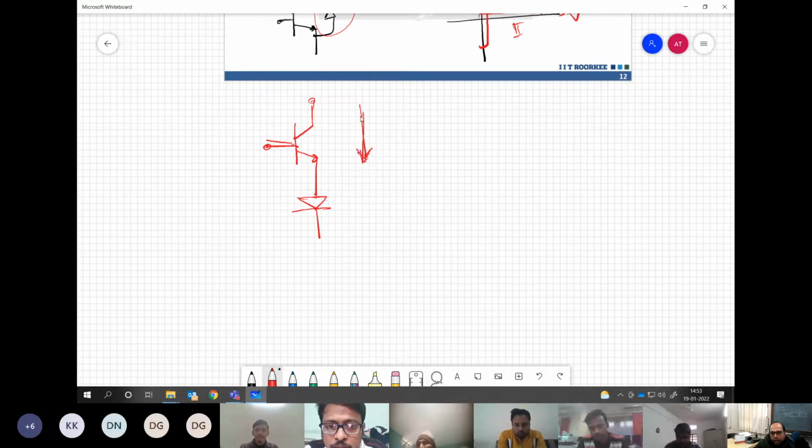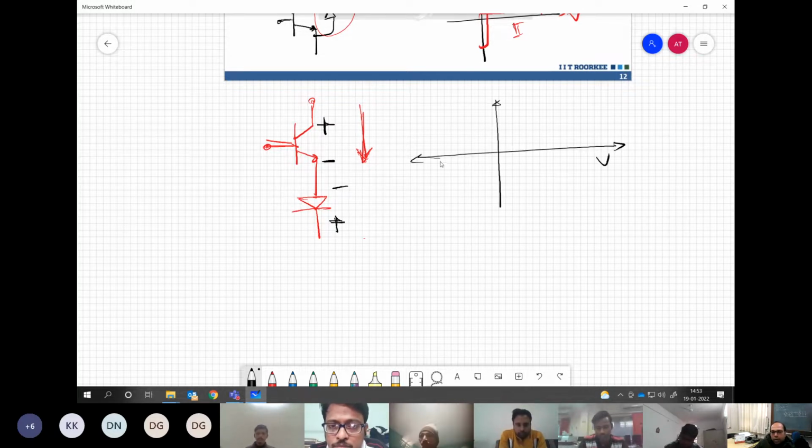Yes, so current still has only one direction to flow. Correct? The diode cannot permit the reverse direction, and the BJT is not recommended to be used for reverse direction of current. Then what additional thing is this giving? If you apply this polarity of voltage, the BJT can block, and if you apply this polarity of voltage, the diode can block. So now our characteristic is extended for both blocking voltages, positive and negative, and positive direction of current.